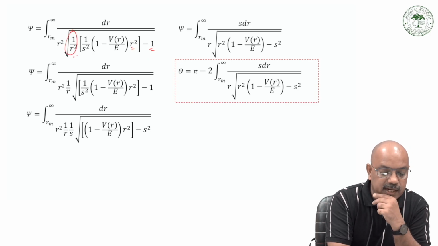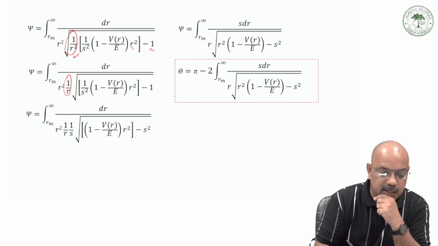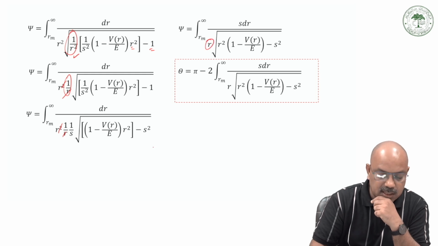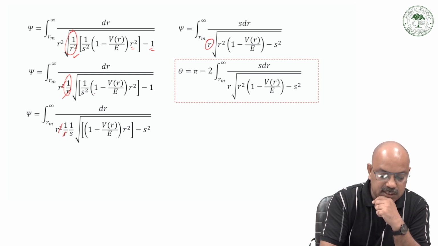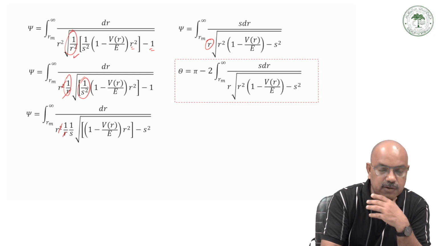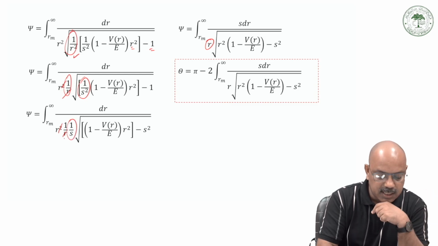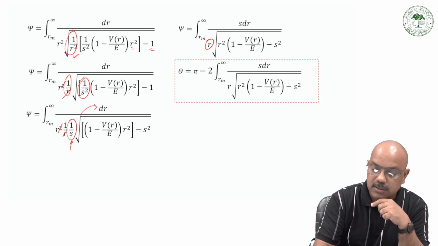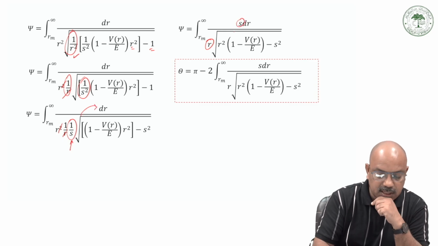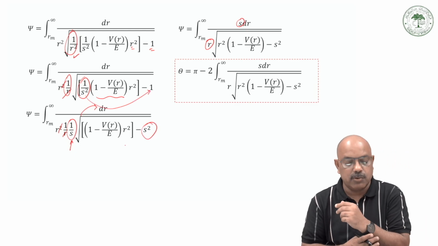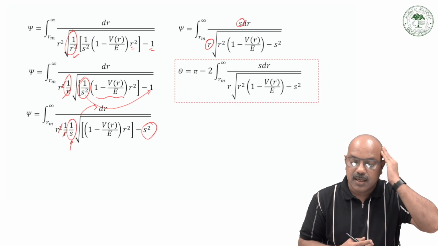If you take r square outside, this becomes 1 by r, and this cancels out, so you are going to have just r here. And then if I take 1 by S square also outside, this becomes 1 by S, and this S goes up here. And then this is 1 minus V by E, and then this is going to be S square, because we are taking S square common.